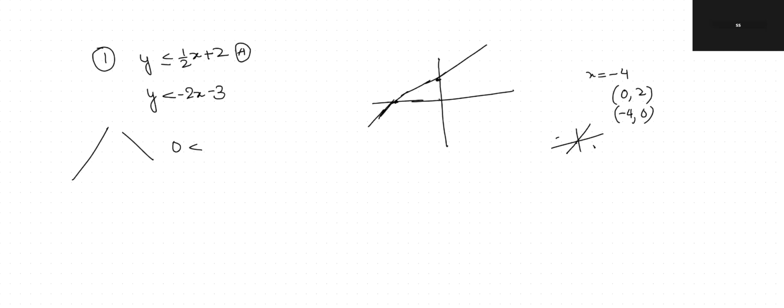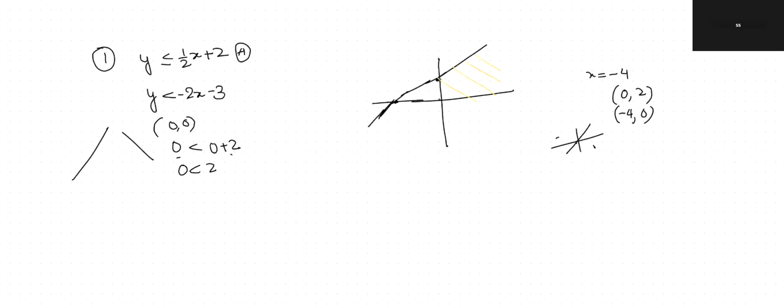We put x and y as 0, 0. So this is 0 plus 2. So is 0 less than 2? Yes. So what we do is we shade this part. Okay, so I'll take another color. With this, I'll shade this part.